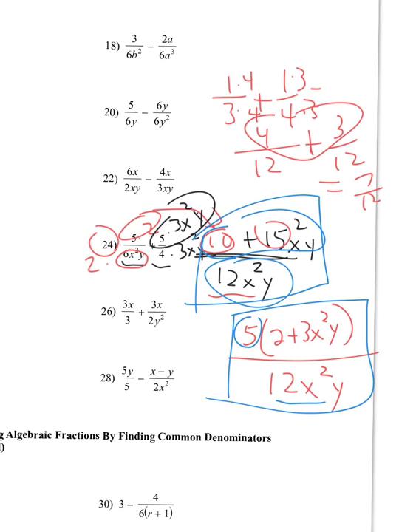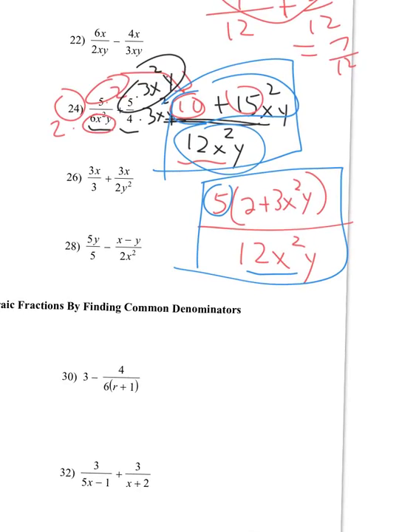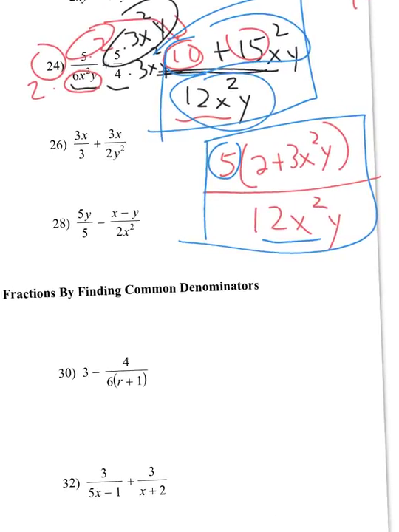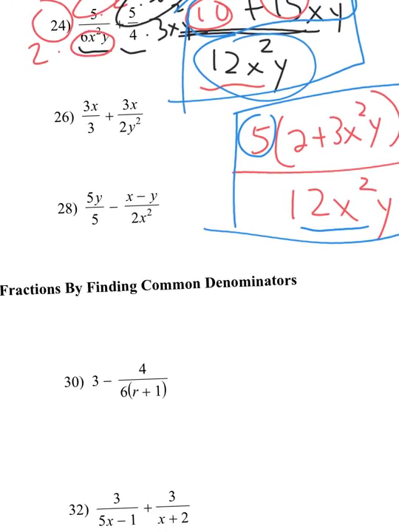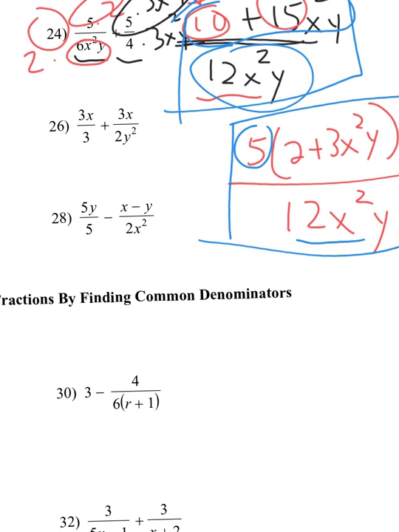So let's go down to number 28 here. If we look at 28, I've got 5 and 2x squared for my monomial factors, so that's going to be 10x squared.